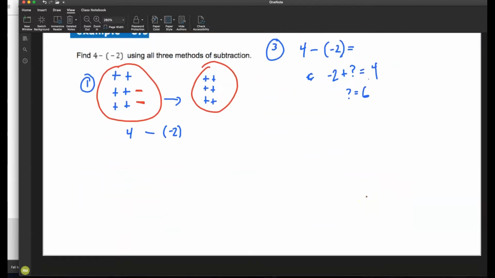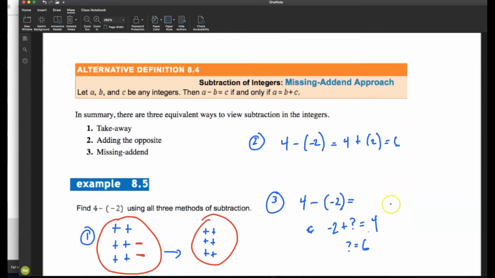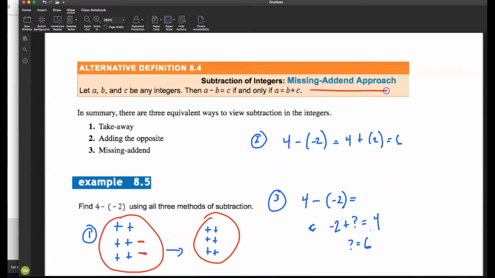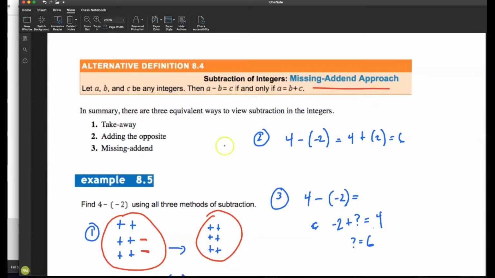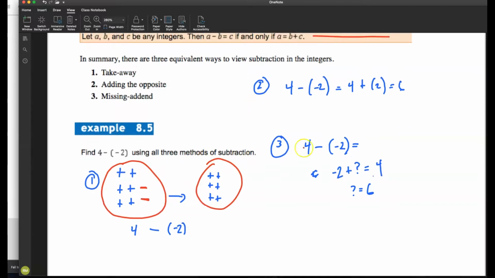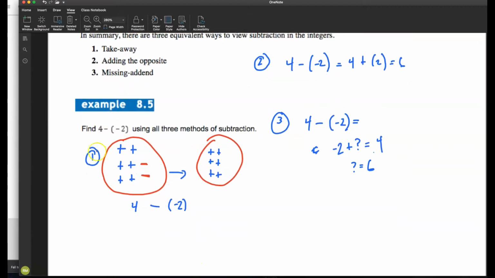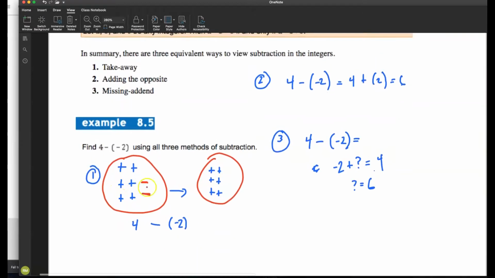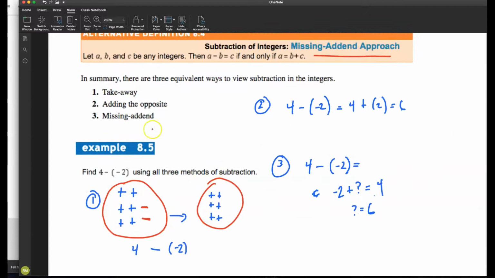And then of course we can end by saying any subtraction problem can be solved with an addition problem using the missing addend approach. We have the 3 different ways.